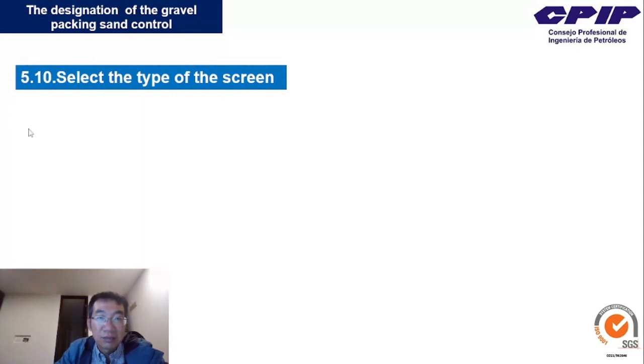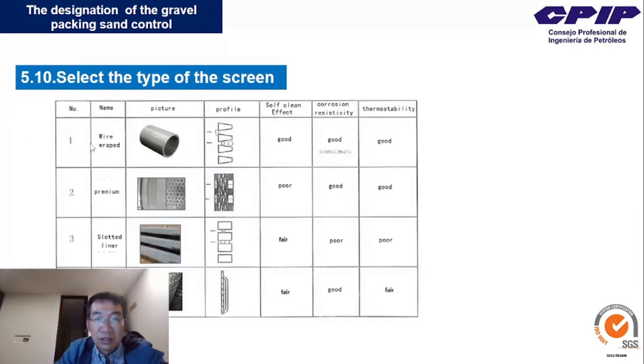5.10 Select the type of screen. The first one is wire wrapped. The self-clean effect is good, the corrosion resistivity is good, and the thermostability is good. The premium screen's self-clean effect is poor, the corrosion resistivity is good, and the thermostability is good.